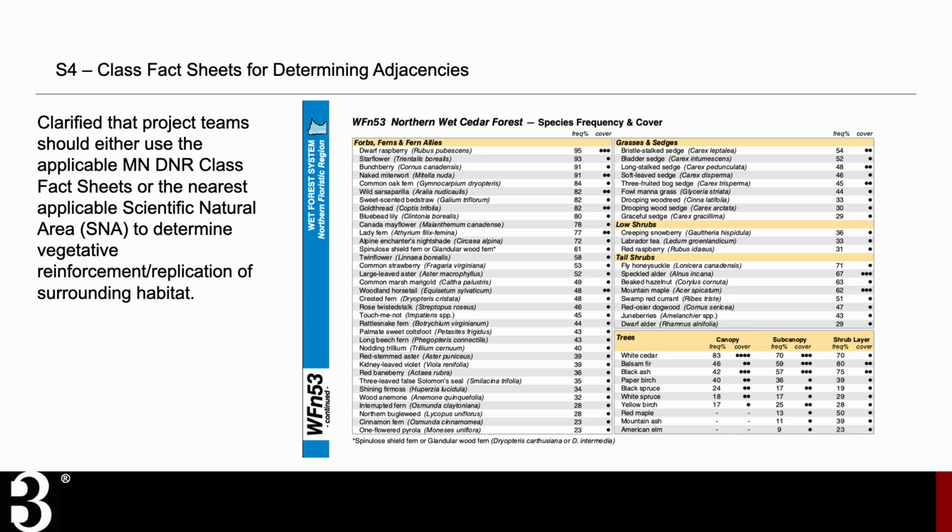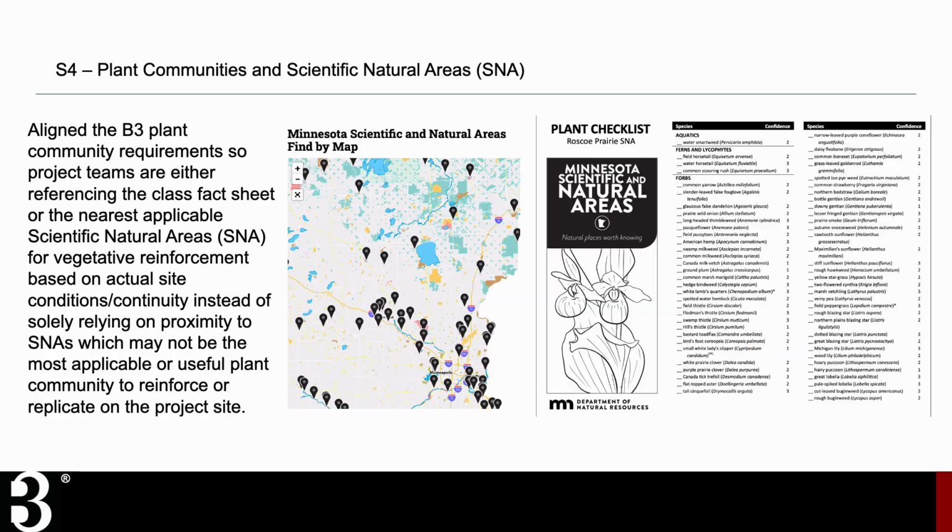We believe that giving options to project team members was the best way to allow the professional landscape architecture community to make informed decisions based on the nuances of every different B3 project site. So the big change here is that now there are multiple places to reference and find the most applicable species for both vegetation and habitat type.